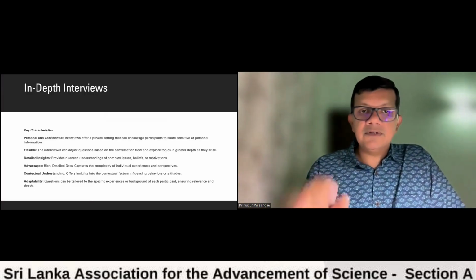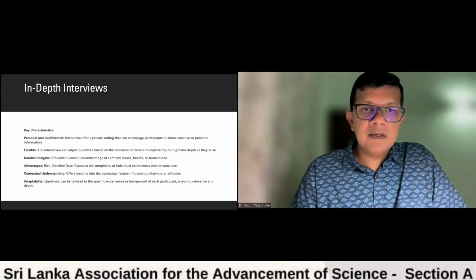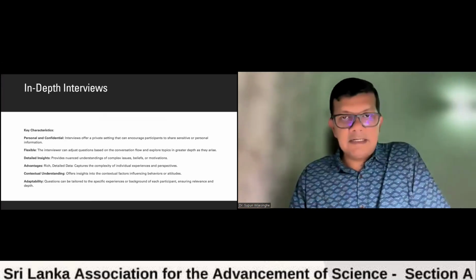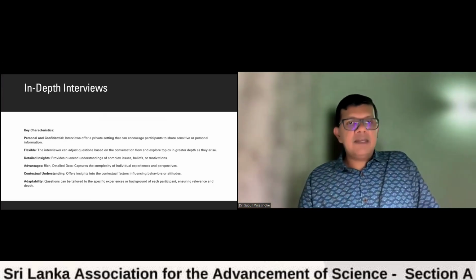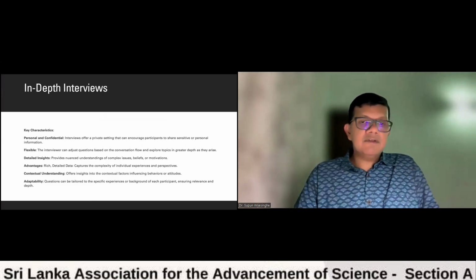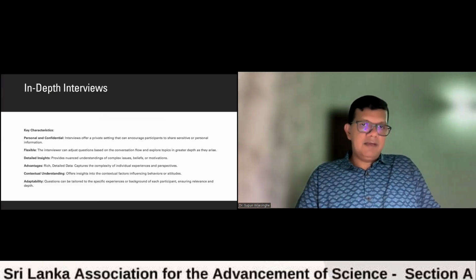So this is the method to use if you're really talking about sensitive information. Personal and confidential interviews. So it's a private setting, so people open up, and it's flexible. You can arrange a time, and you can sit with them, and when you build up their trust, they open up and tell everything.